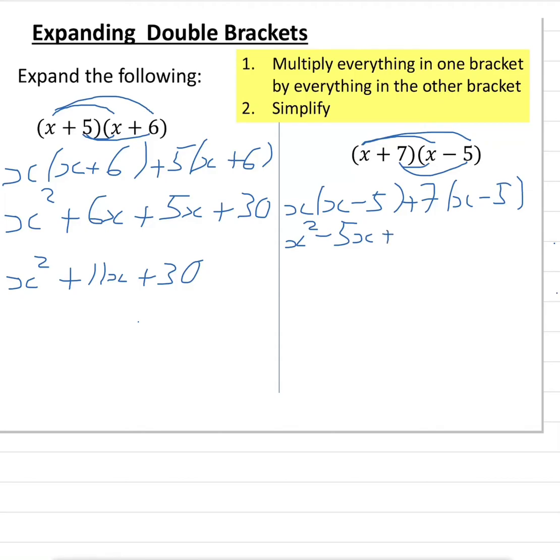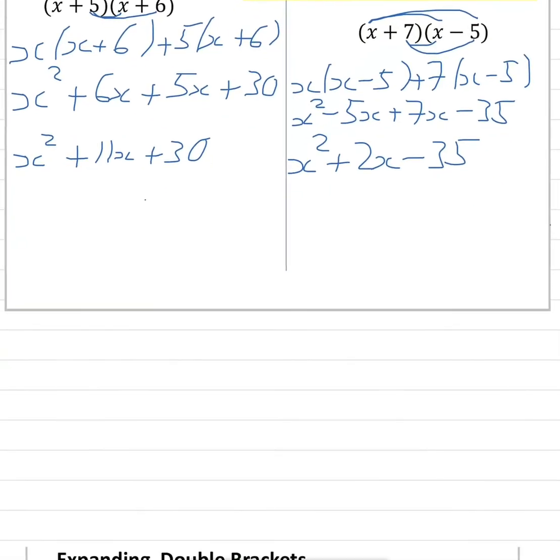Now 7 times x, we have 7x, and then 7 times minus 5, we have minus 35. Grouping terms now, so we only have 1x squared, minus 5x plus 7x, that is plus 2x, and then we have minus 35. And that is our final answer.